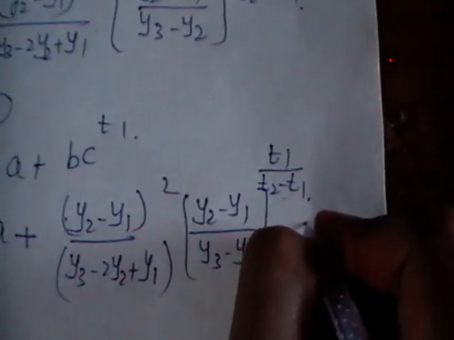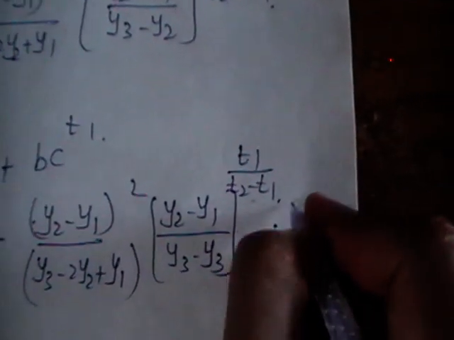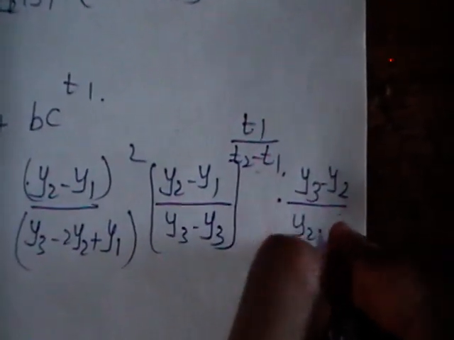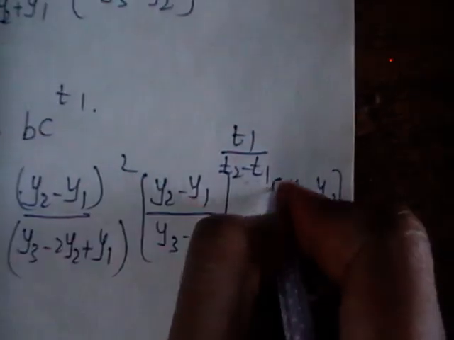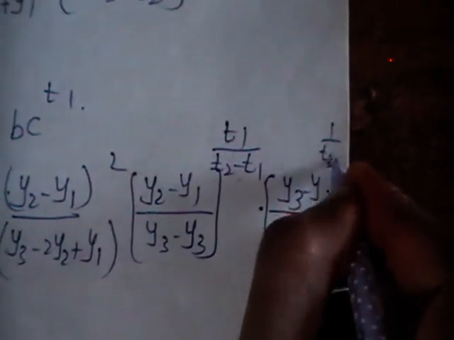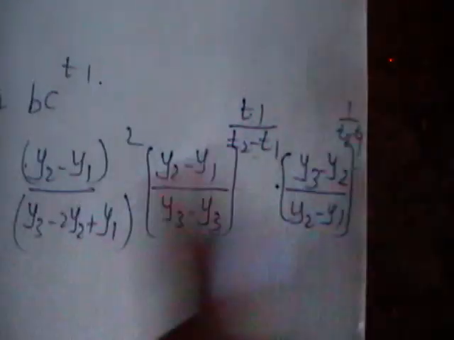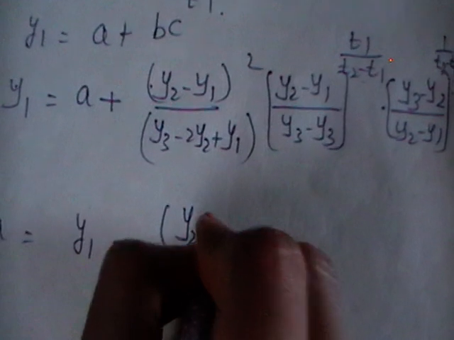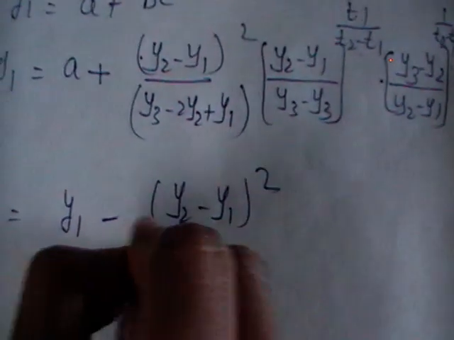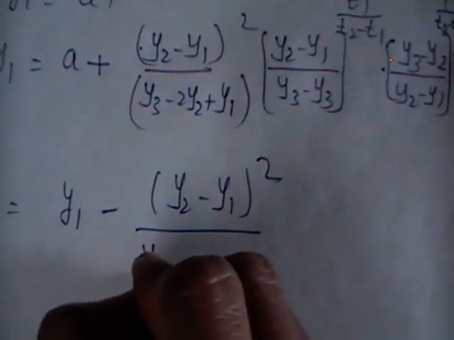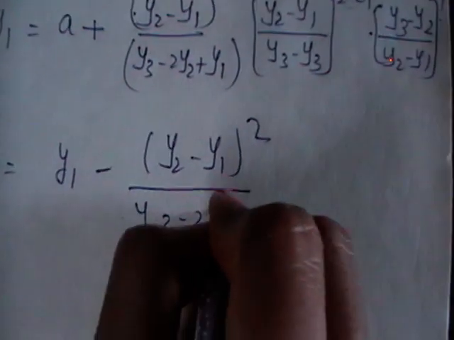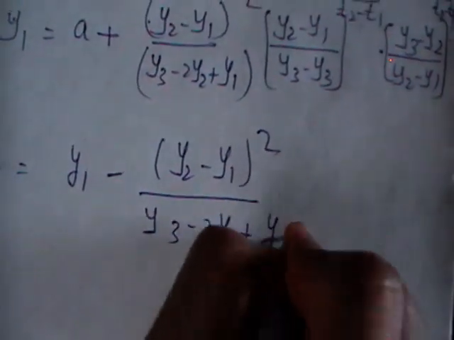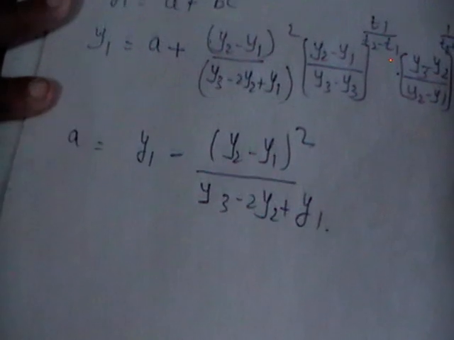C is y3 minus y2 by y2 minus y1 whole power 1 by t2 minus t1. So simplify this, you will get a is equal to y1 minus y2 minus y1 whole square by y3 minus 2y2 plus y1. If you want, you can simplify this further.